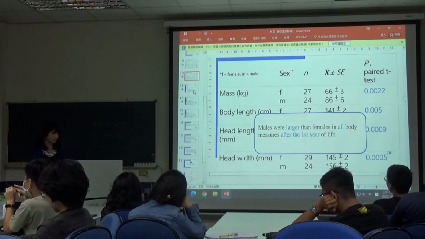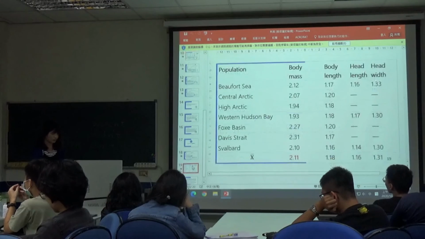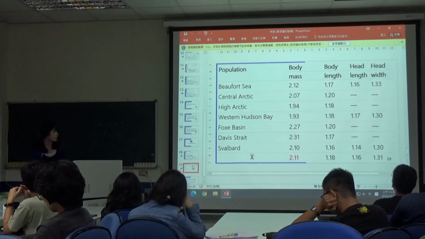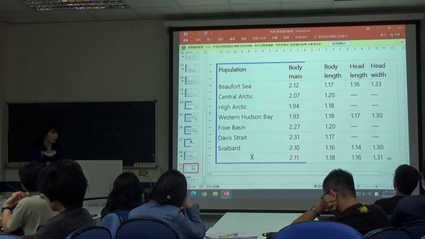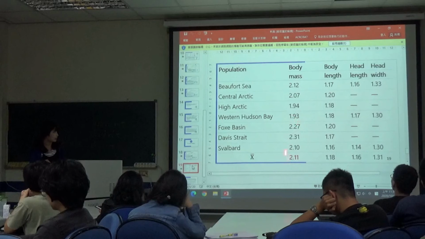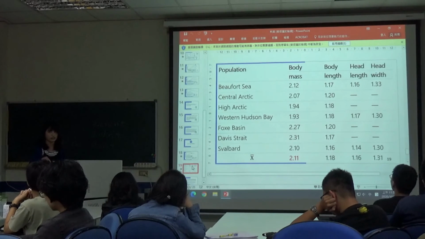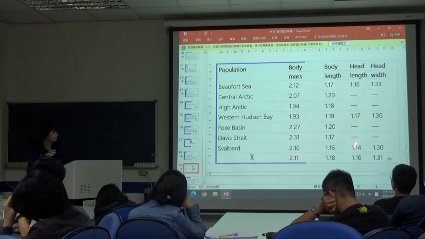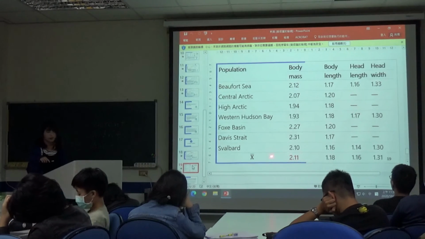And the other studies have other populations. There are several populations, and the result is the same. The mass is largest, and the body length, head length, and head width are smaller than body length.